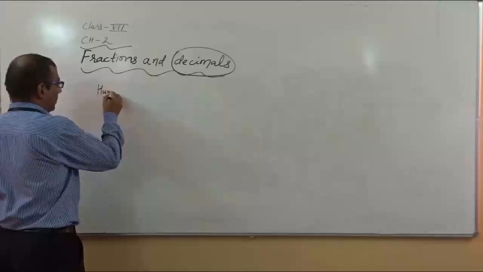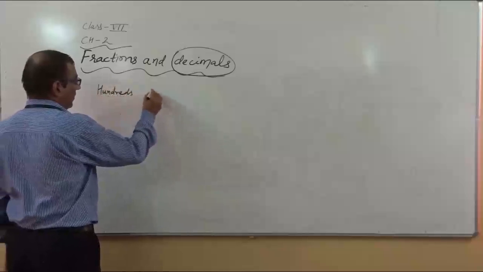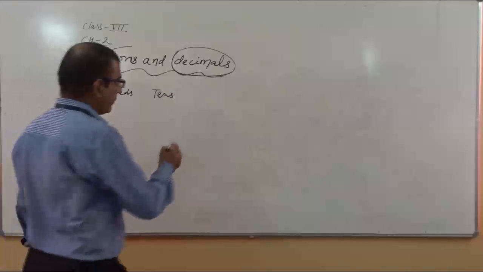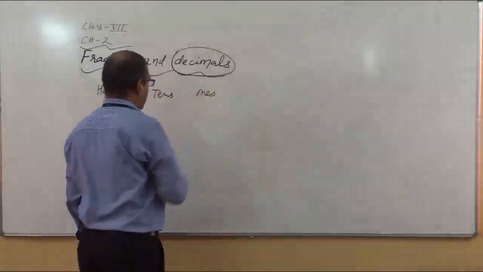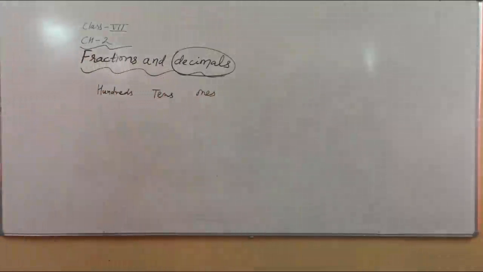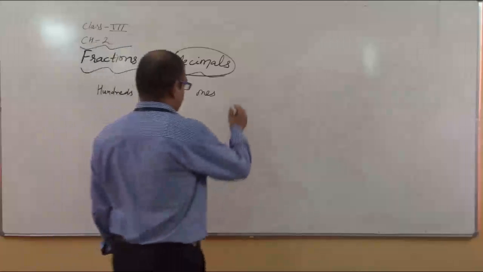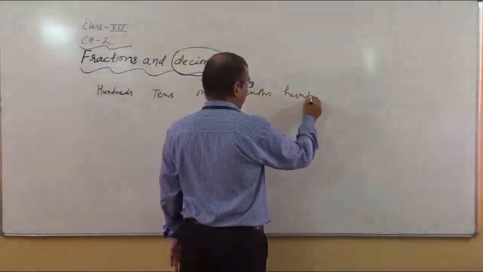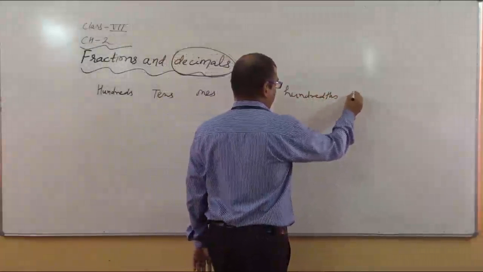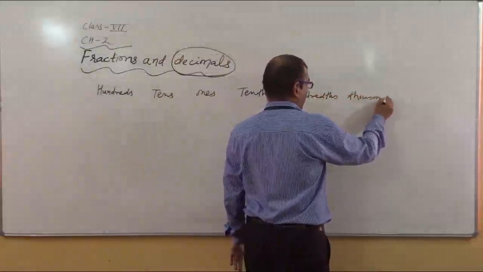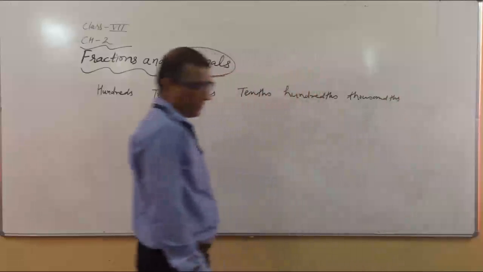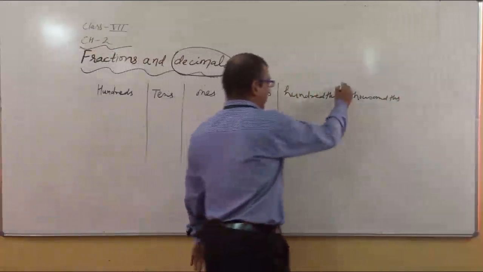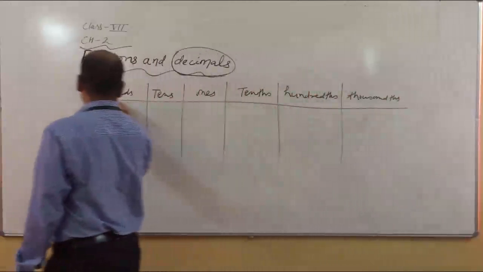First is hundreds, then tens, then ones, then tenths, hundredths, thousandths. Right? So I am giving 2 or 3 examples so that it will be more clear to all of you.